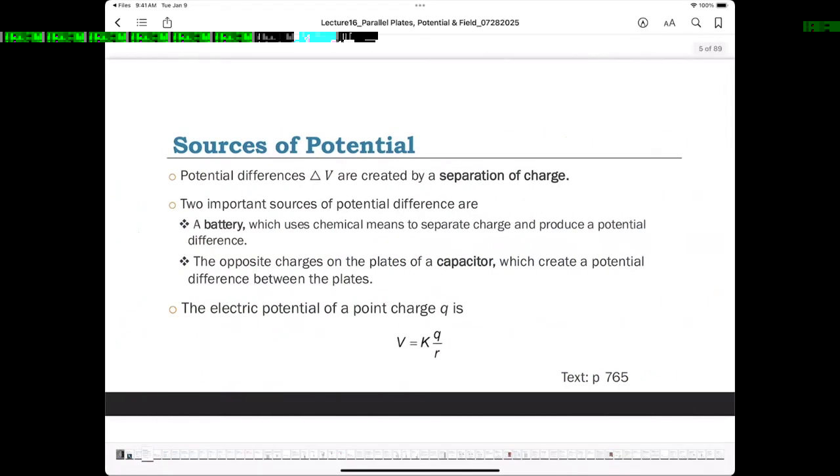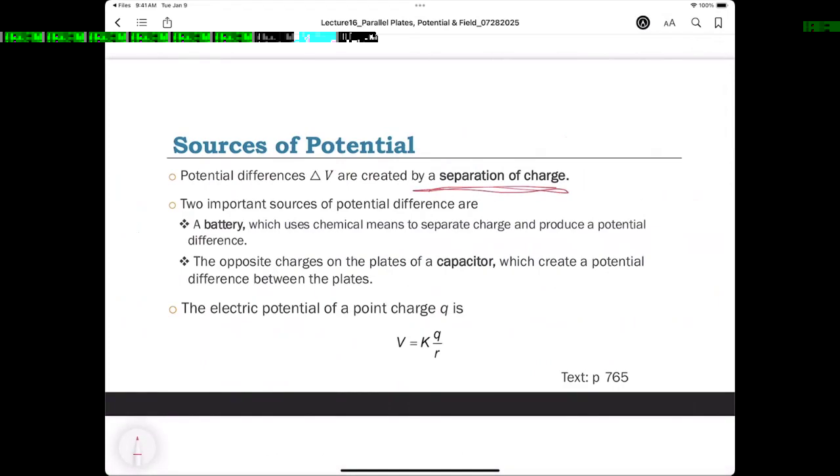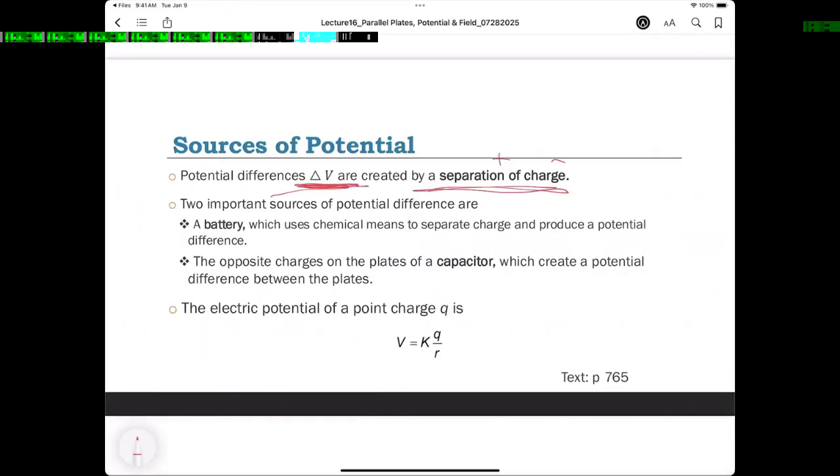Here we talk about some sources of potential. Potential differences, delta V, are created by separated charge. If you separate the negative and positive charges, you get an electric potential difference.